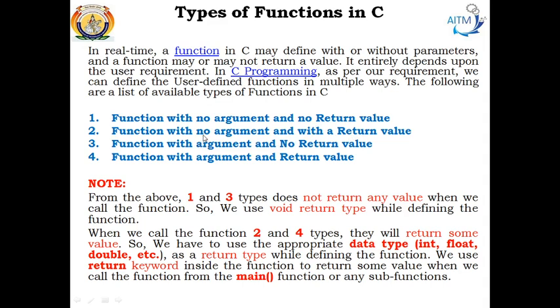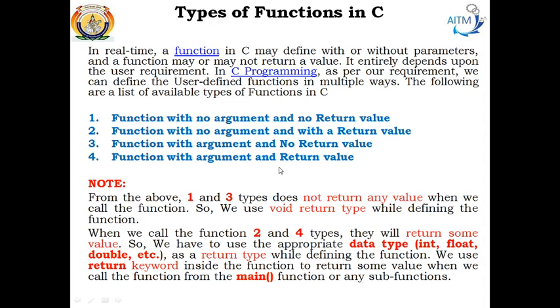Here in this type, the function will have some arguments, but the function will not return any value. The third one is the function with arguments and no return value. Here we have the function with arguments, but the function will not return any value. And the fourth one is the function with arguments and return value.